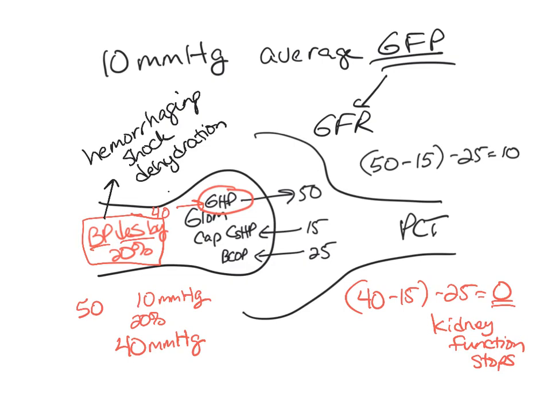All of those things can cause a dangerous decrease in the glomerular filtration rate because they are affecting the glomerular filtration pressure. And all of these things can lead to acute renal failure as the kidneys fail.